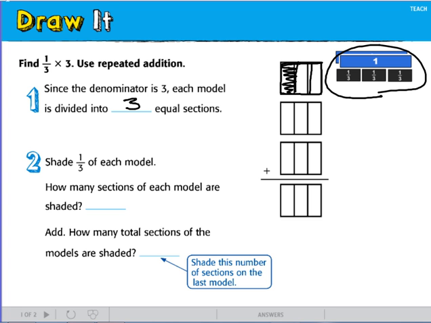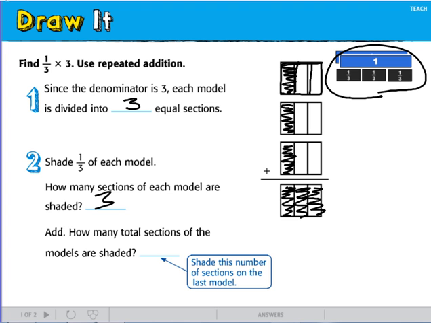That's 1/3. But how many 1/3s do I have? 3. So I need to shade in the second one, and I need to shade in the third one. Then I'm going to count how many sections I shaded. How many did I shade? 3. I have 1, 2, 3. So now I shaded 3 in my answer.